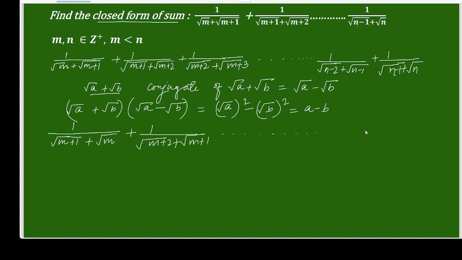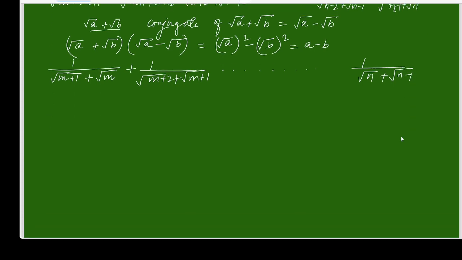And the last will be square root of n plus square root of n minus 1. Now, what will be the first term? First term will be 1 by square root of m plus 1 plus square root of m. I'll multiply with its conjugate.